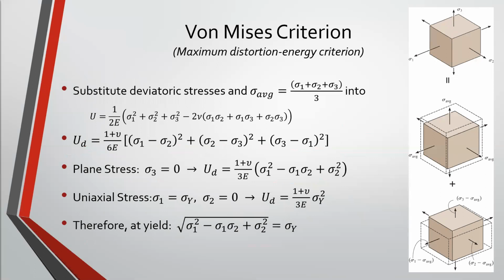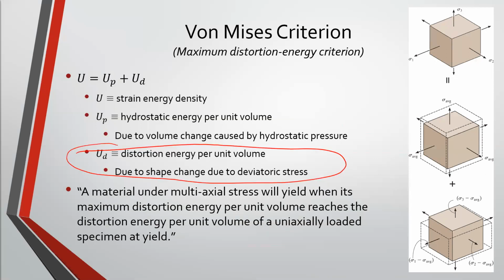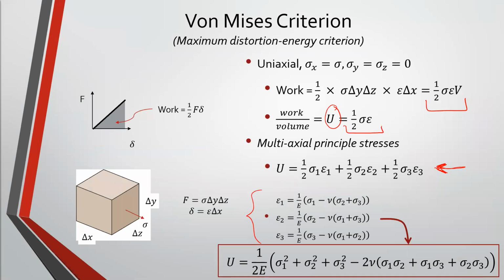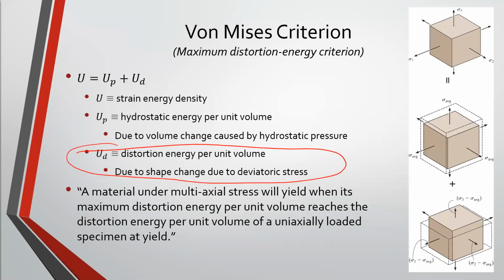So we can look at that equation that we had earlier. So remember this equation for U with all these sigma 1, 2, and 3s. Let's go ahead and plug in these distortion stresses, which are each of the 3 stress directions minus the average stress.